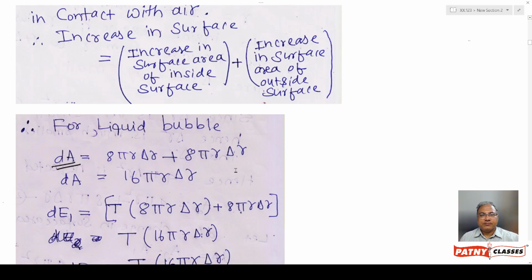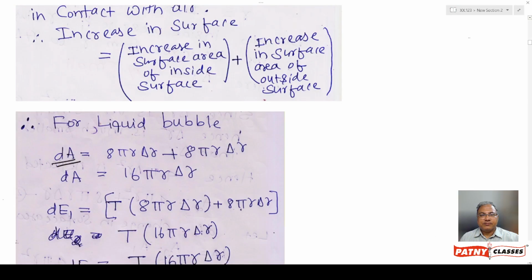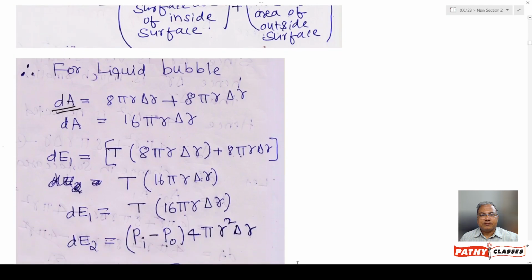Now again we have to calculate the stored energy. For that, we have to calculate dE1, the energy stored in the surface of the bubble by using the surface tension formula. T is the surface tension and dA is 16 pi r delta r. So the stored energy is calculated using the surface tension formula.